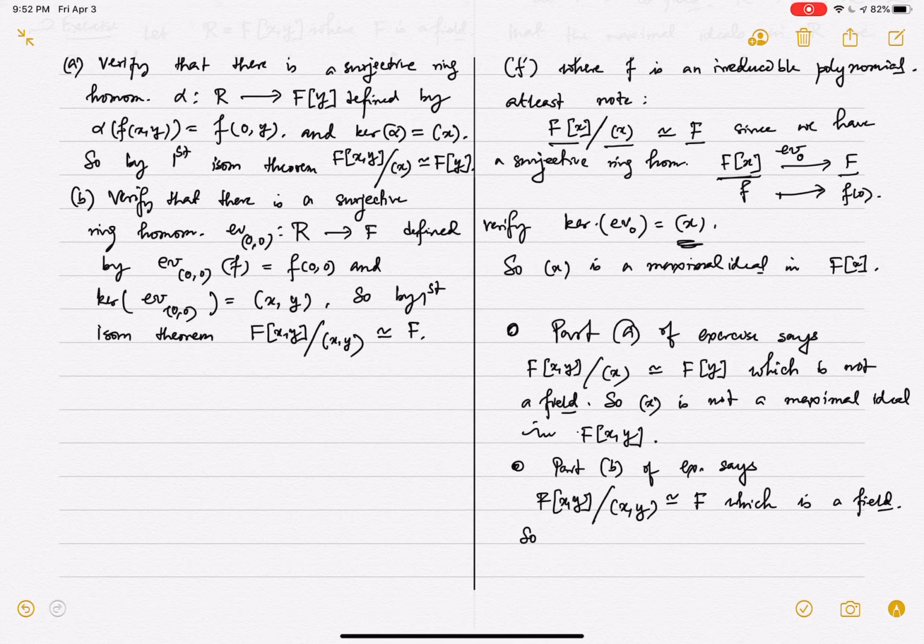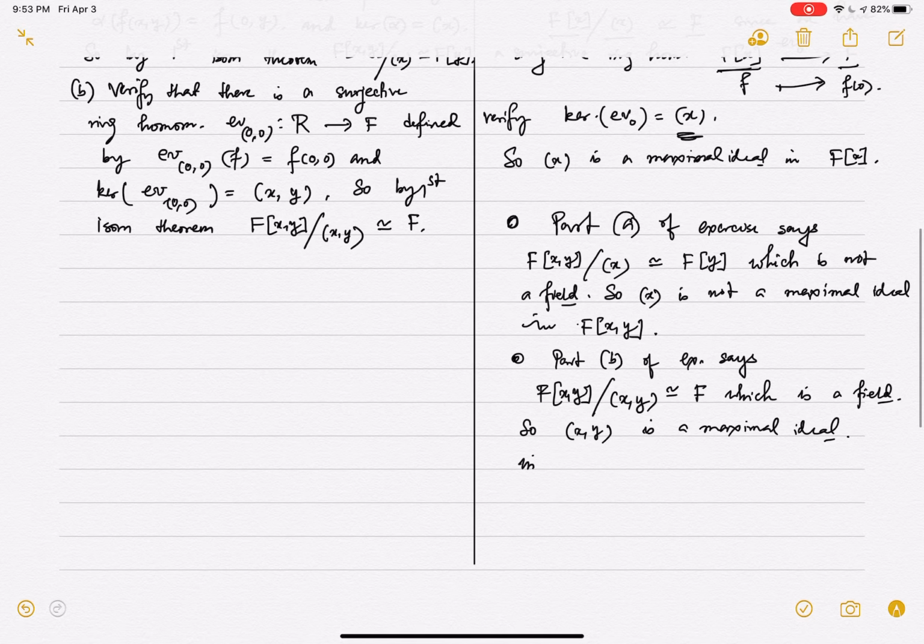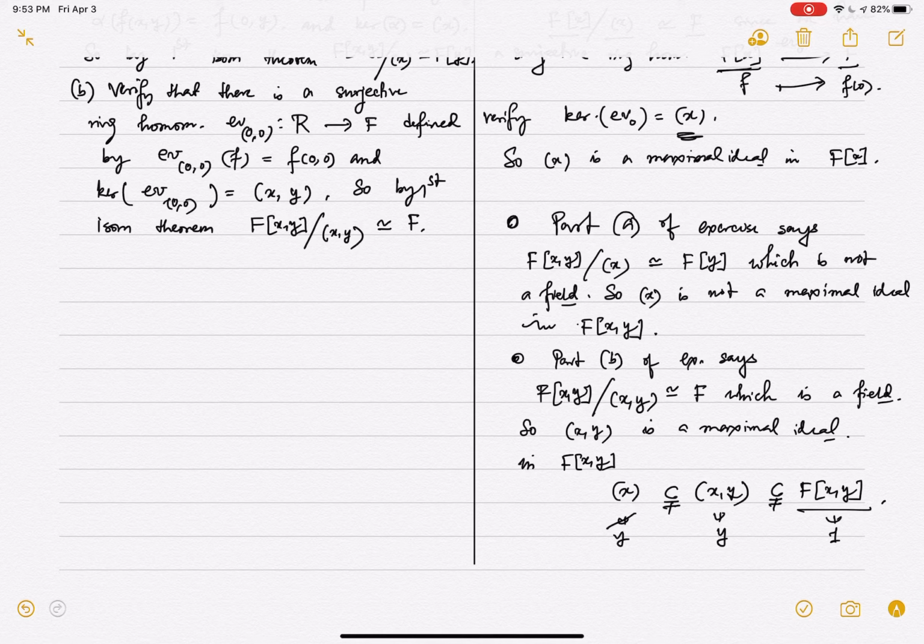So (x, y) is a maximal ideal in F[x,y]. And indeed, you can check rather easily that this ideal is strictly bigger. Like y is here, but y is not in here. And the ring itself is again strictly bigger, because 1 is in the ring, but 1 is not a multiple of x and y. So 1 is not in here.